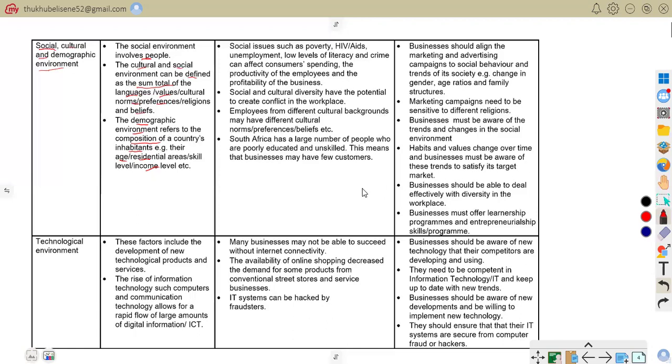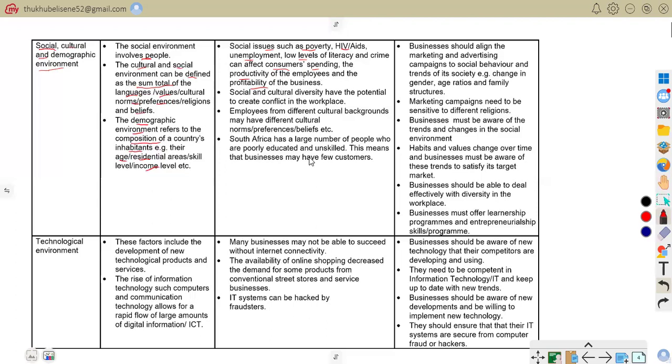So now let us come to the challenges that come up with this feature, social, cultural, and demographic environment. As they are saying, social issues such as poverty, HIV and AIDS, unemployment, low levels of literacy, and crime can affect consumer spending, the productivity of the employees, and the profitability of the business.